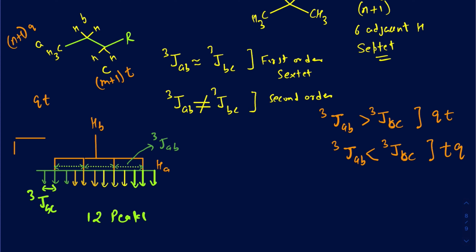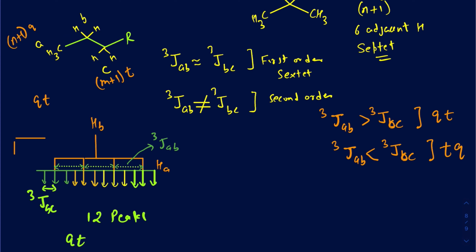And as we said earlier, if the coupling constants for BC and AB are roughly the same, then in a first order spectrum those 12 peaks will turn into a sextet. It's not even really a clean sextet, but they would overlap where you would see only 6 peaks in that particular case. So that would be your quartet of triplets.